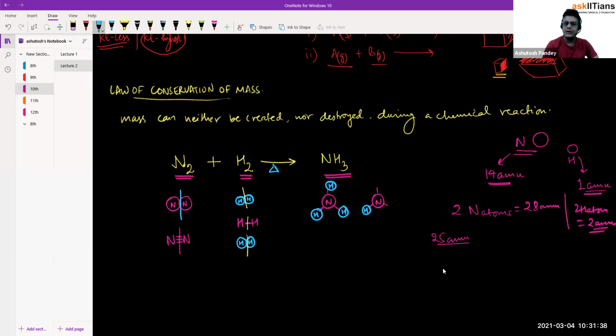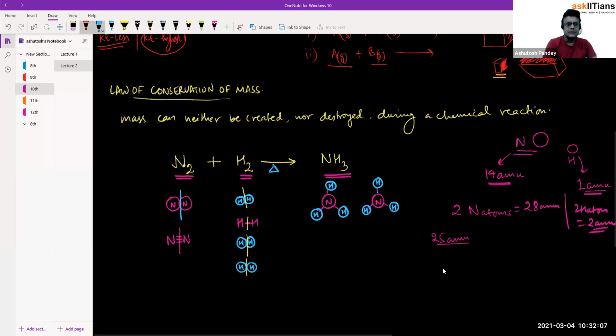Still this nitrogen has two valencies left, so we'll take another H2 molecule, break it, and get two hydrogen atoms. One is going to make a bond with nitrogen like this, and another is like this. So now all these nitrogens have complete valency.